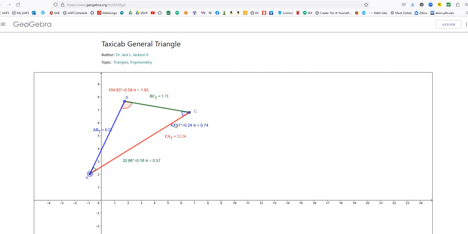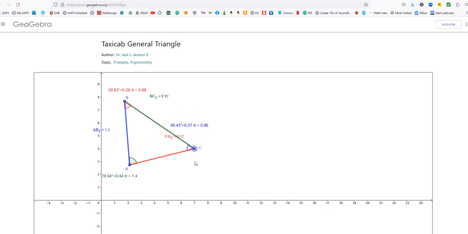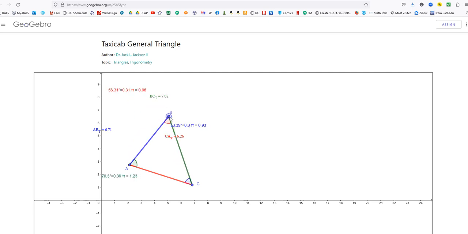Okay, so there's about 42 degrees there, and this is 8 something. And this one down here is a smaller angle, 33 degrees, and yet it is the smaller side. So that's the normal order of things. A lot of times it is the normal order of things, but then other times it is not.